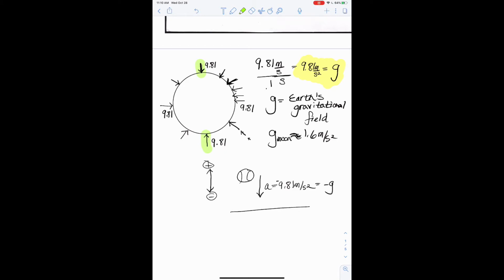But I just want to once again reiterate that g itself is not negative. g is positive. You make it negative if down is negative. So g is negative when down is negative. That's what I'm trying to say. I'll write that down. g, or 9.81 meters per second squared, is negative when down is negative.